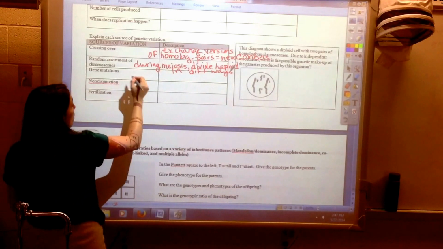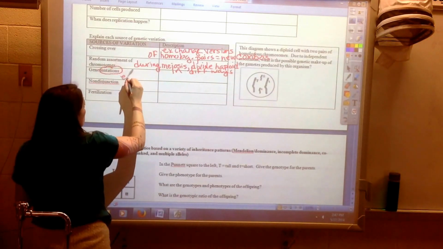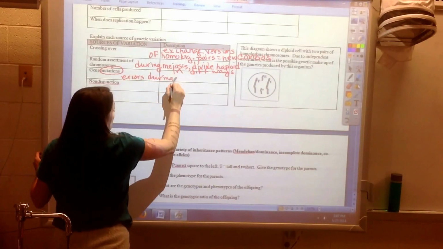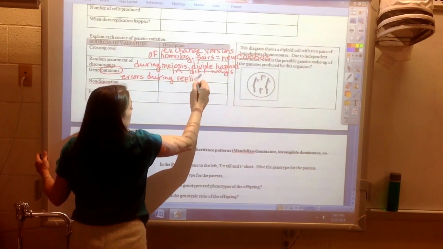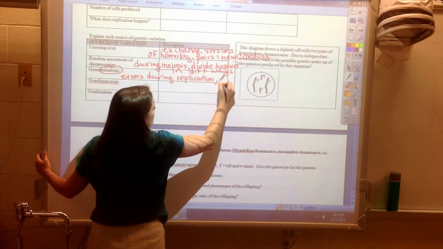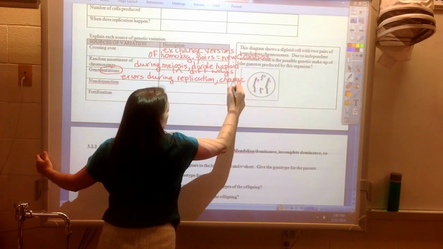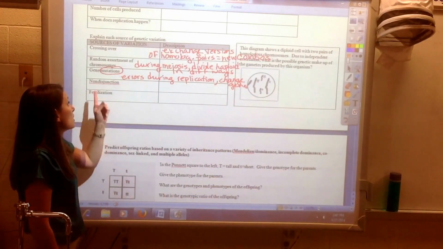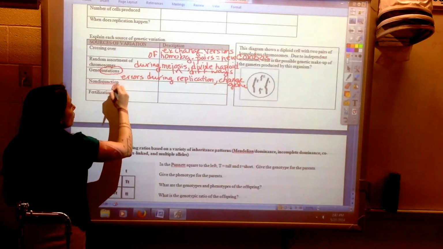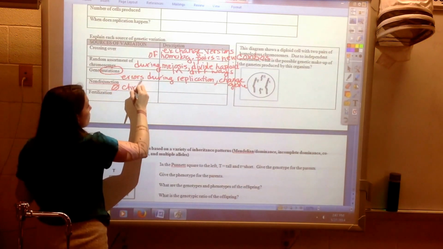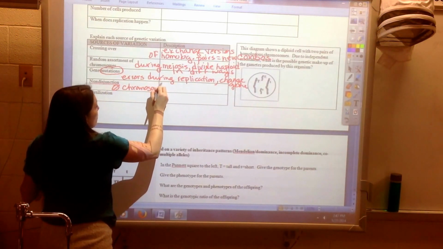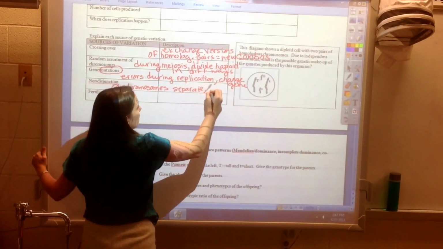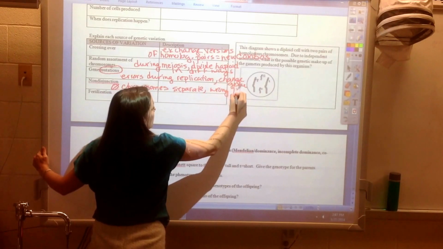Gene mutations are going to be errors that happen during replication, and these can change the gene, and we might end up with a different protein. Non-disjunction is where the chromosomes don't separate properly, and we end up with the wrong number.